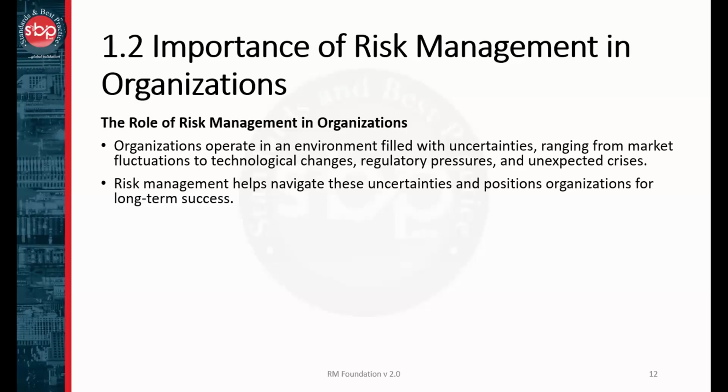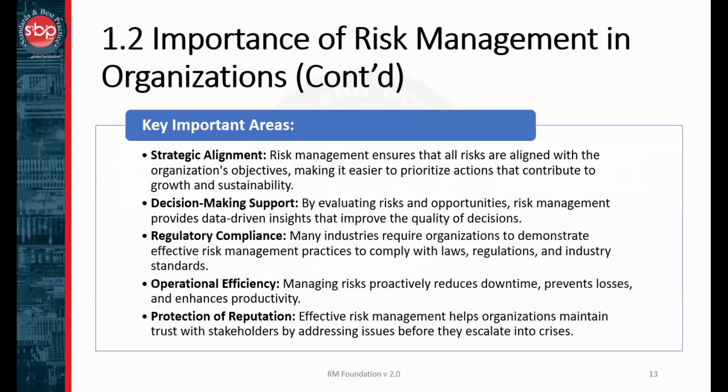So moving on, these are some key important areas of risk management. We have the strategic alignment. This helps us to ensure that you don't just do risk anyhow. It is aligned with what you are doing in your organization, aligned with your objectives.